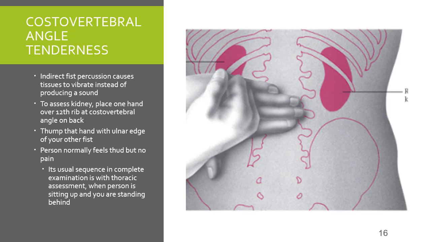And again, when you have the person seated and have them lean forward, you can percuss. And you should do indirect percussion, usually over the kidneys themselves. So place one hand on the back at the level of the 12th rib, so where it comes off of the 12th thoracic vertebrae, and then kind of bump your hand with the ulnar surface of your other fist.